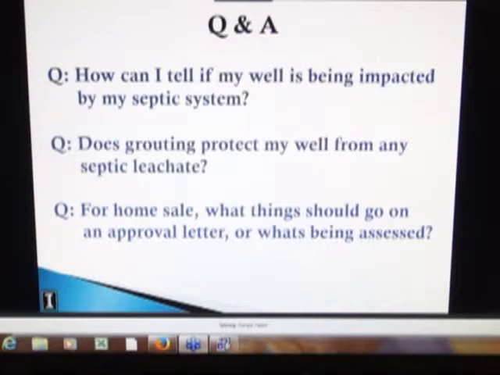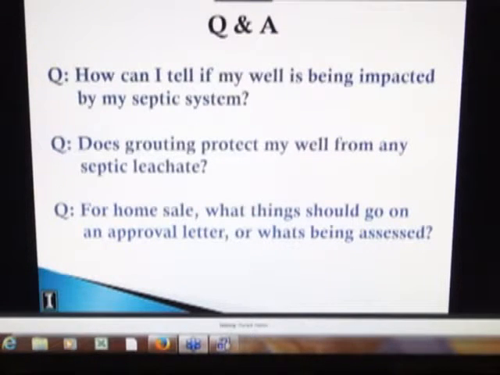So in Illinois, the code says that a septic tank has to have access within 12 inches of the ground. So if the tank is 18 inches in the ground, there needs to be a riser of some sort added, so you know the system can be inspected or access gained.